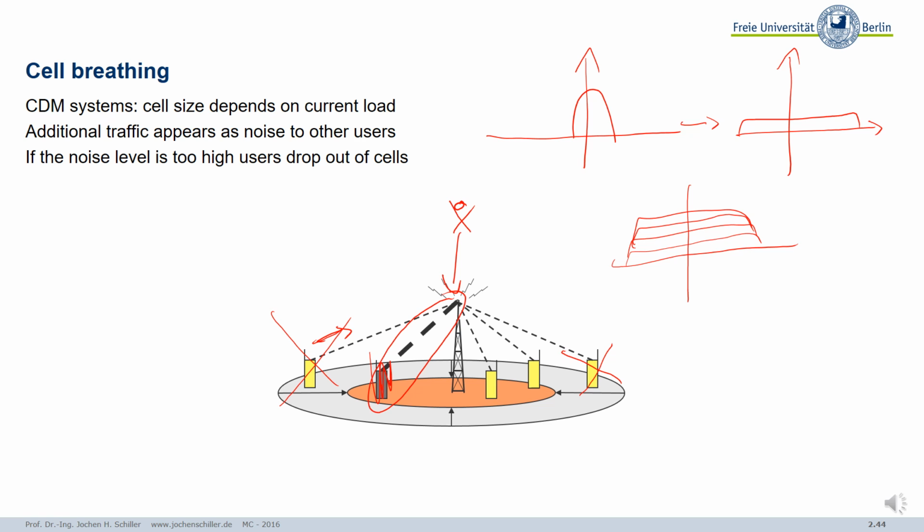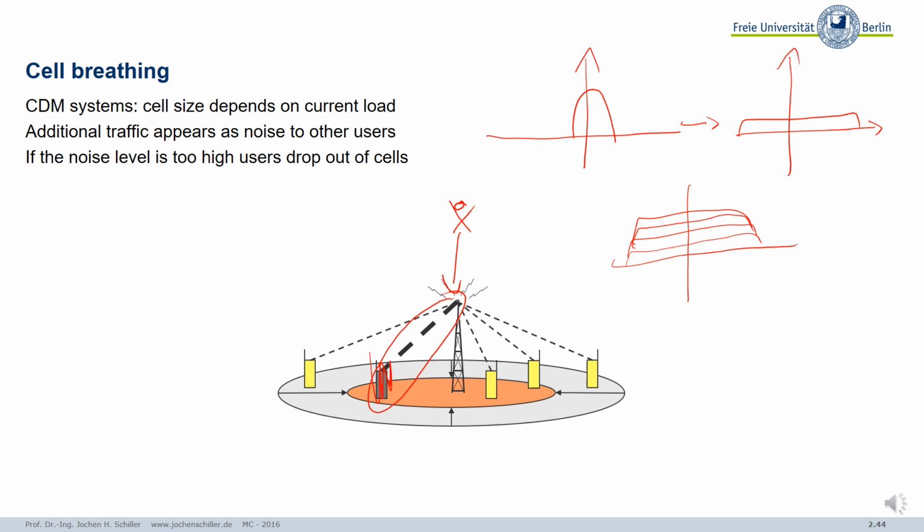It looks like breathing, because then the output power is strong enough to send again. Okay, so that's the basic idea. If you stop sending, then suddenly it's strong enough and you can send and receive again. And this problem of breathing cells is not easy to handle.